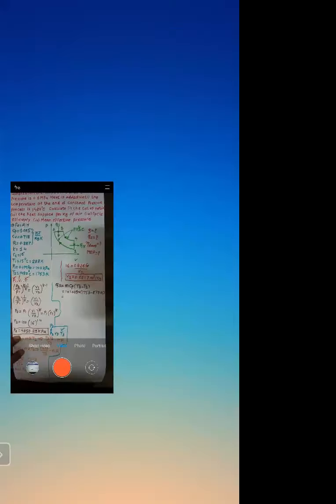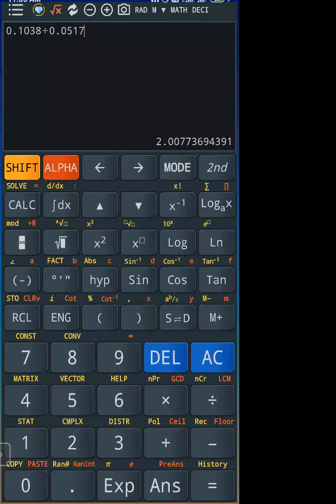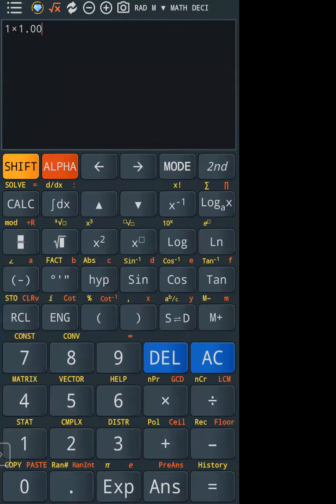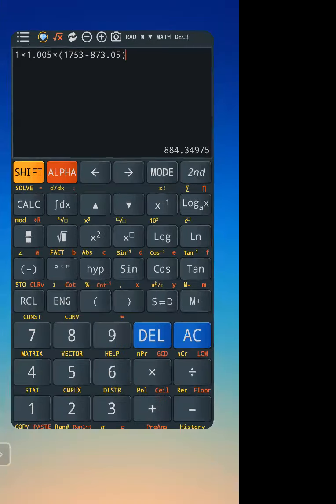Let us do the calculation. Mass 1 into Cp 1.005 into 1753 minus 873, so it is 884.35 kilojoule per kg. You'll get an answer in terms of kilojoule per kg.